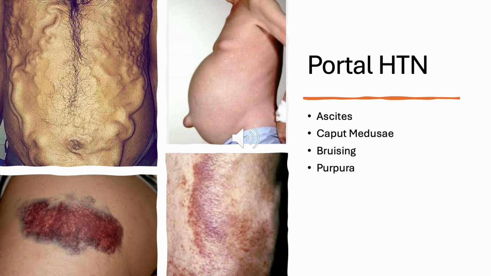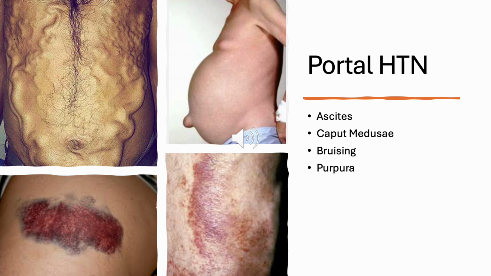This big pendulous abdomen. And if you look, the arm up here, only a little bit is showing, but the arm is showing muscle wasting. So it's typical for people with cirrhosis to have this big, huge belly, but yet their limbs are very thin due to muscle wasting. The bottom two pictures are pictures of bruising and purpura.